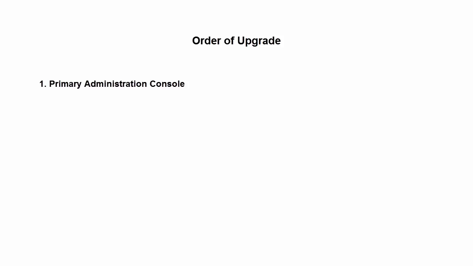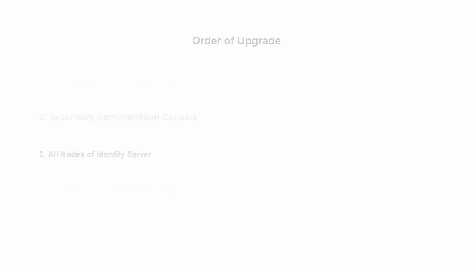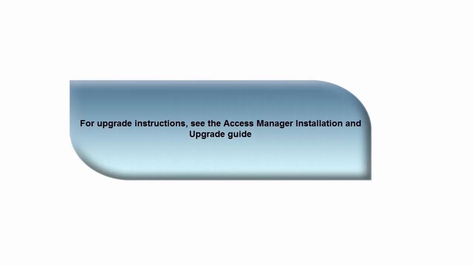To summarize, we first upgrade the primary administration console, then the secondary administration console, all the nodes of identity server, and all nodes of Access Gateway. For upgrade instructions, refer to the Install and Upgrade Guide.